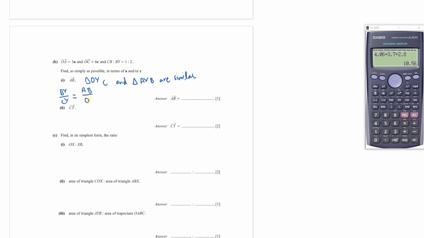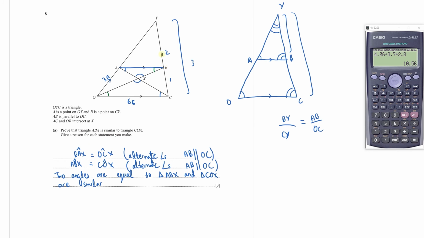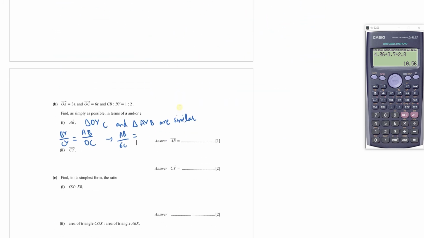AB is unknown, OC is given as 6C, and BY over CY is 2 over 3. If I take this to the other side, I get AB equals 2 over 3 times 6C. 3 twos are 6, 2 times 2 gives you 4C. So this vector AB is 4C.